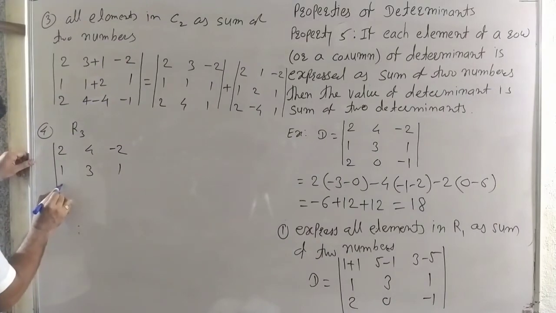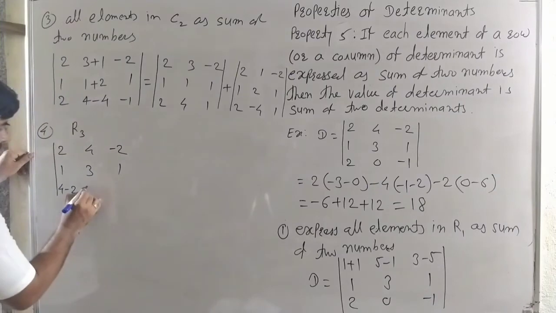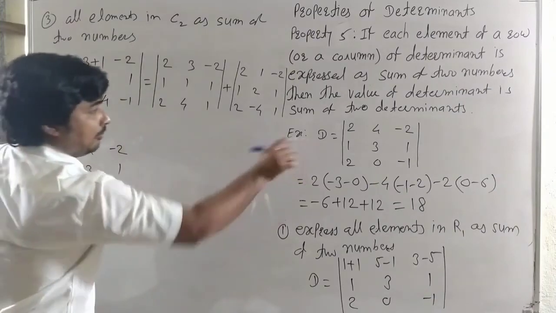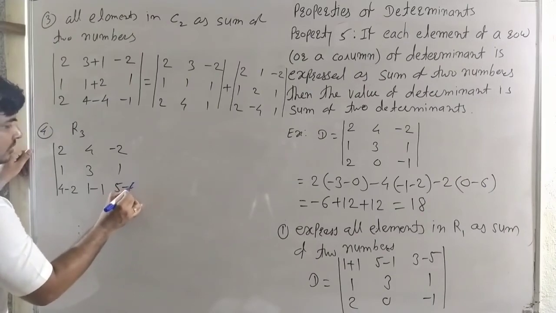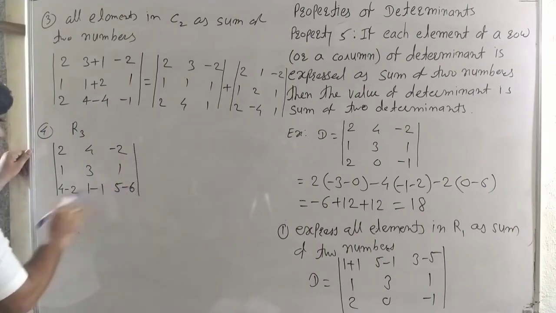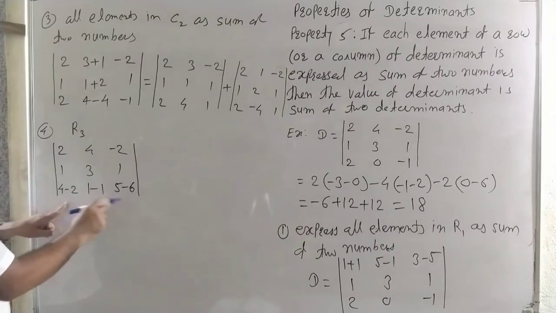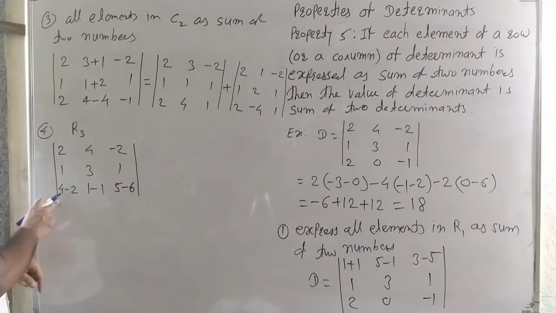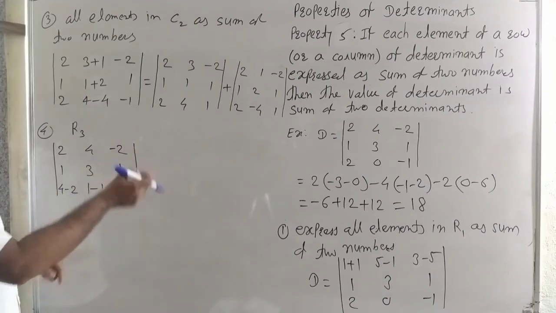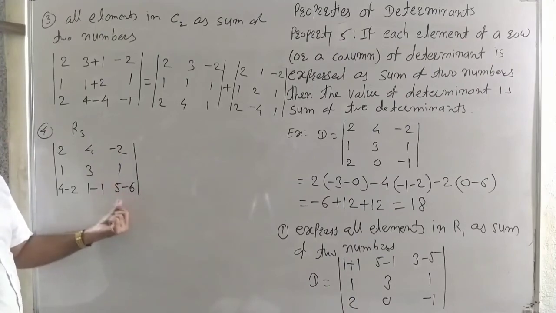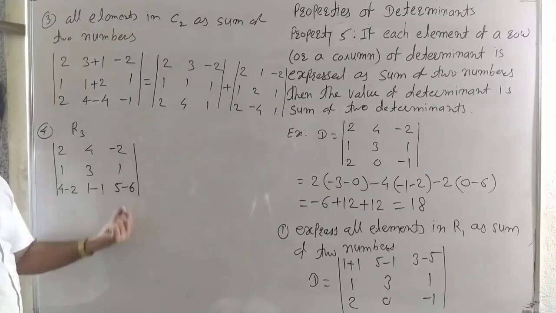So we can write here 4 as 6 plus minus 2, 1 as 2 plus minus 1, and 5 as 11 plus minus 6. Any two numbers, it is a sum of two numbers. It is addition of these two numbers. The first number is 5 and the second number is minus 6, and adding them it is 5 minus 6.